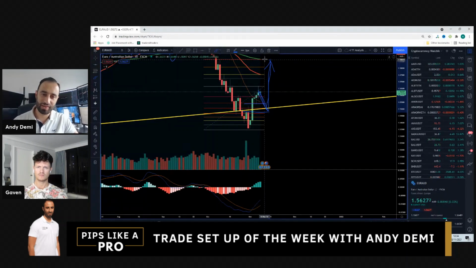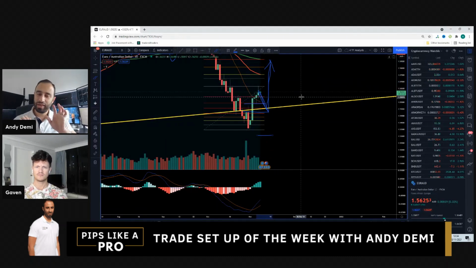So you can see here, guys, it's all color coordinated. It's a red target, and it takes you really nicely up to the 200. So ideally, you want to be buying here to target there, and you'd be putting your stop there. That's really a textbook swing trade for something like this.